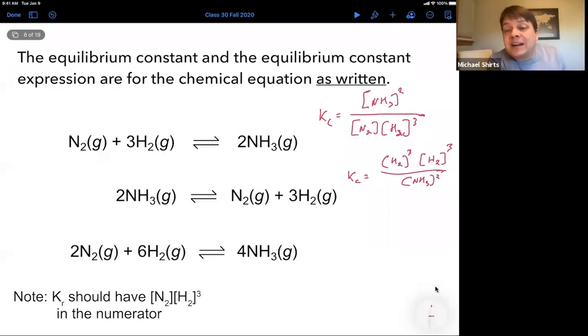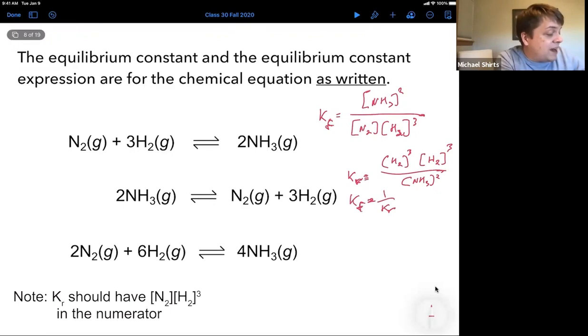So we write down the equilibrium constant for the reaction as it's stated. Let's call this K forward and this K reverse. K forward equals 1 over K reverse and vice versa. So it's the same physical information, but if we write down a different reaction, we'll get a different reaction constant.